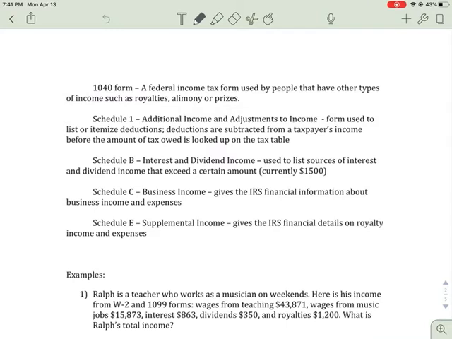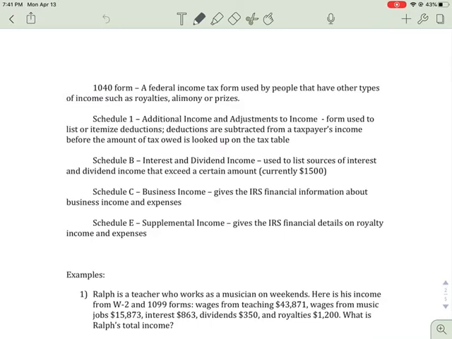And if you had other things involved, then you attach additional forms. Like I said, the form itself is only 2 pages long. So you have what is called the Schedule 1, and that's additional income and adjustments to the form. So this is used when you have to list itemized deductions and subtract those from your income before your amount of tax is looked up on the tax table.